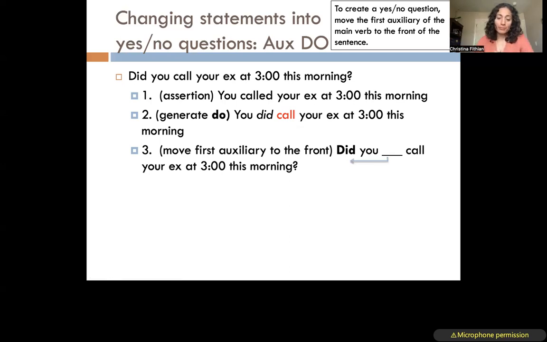Rough night. So the last step that we're going to do is move that first auxiliary to the front. "Did you call your ex at 3 o'clock this morning?" And there we got our question. So there's an extra step if you only have one verb and no auxiliaries. You have to create one.